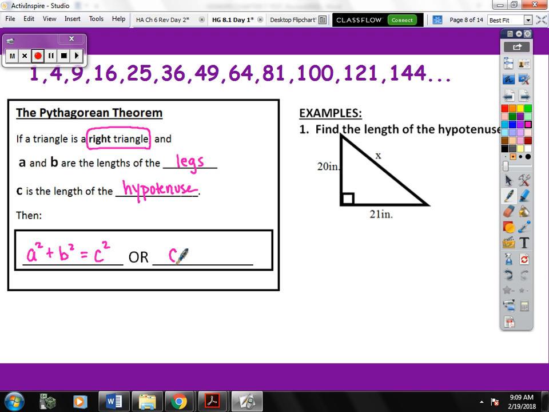Or, you can flip it around, C squared equals A squared plus B squared, just using your symmetric property that you can flip things on either side.